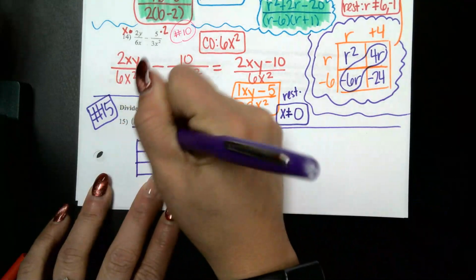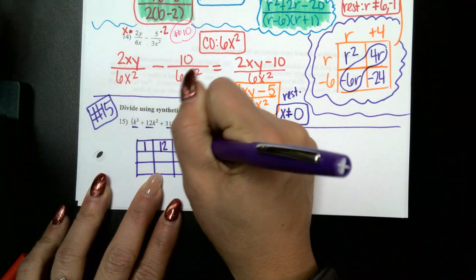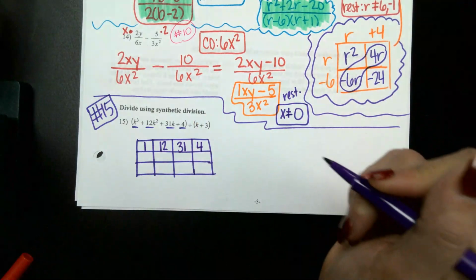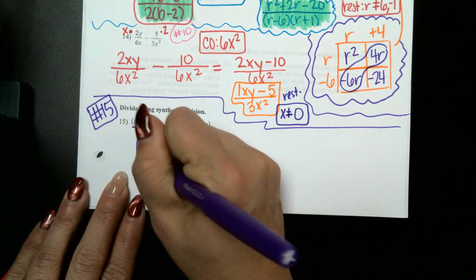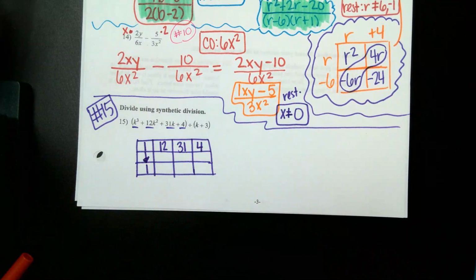So we've got a 1, a 12, a 31, and a 4. And the first number always drops straight down.